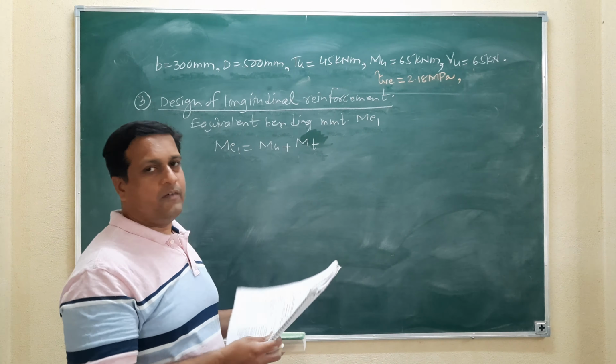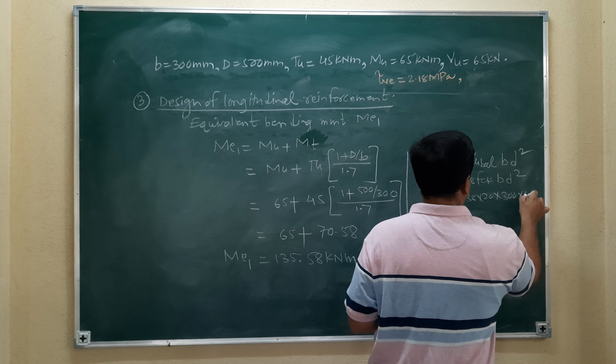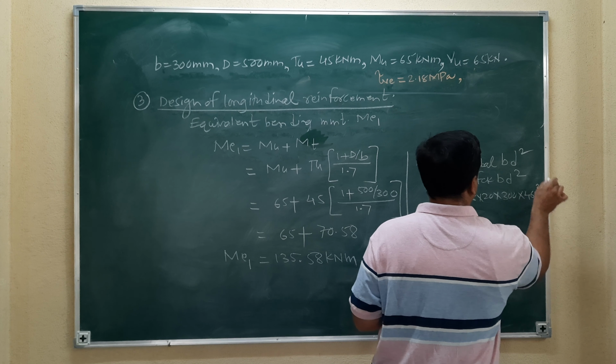For Fe415, it is 0.138 FCK BD square, with FCK 20, width 300, depth 465 mm. The value is 179.03 kilonewton meter.